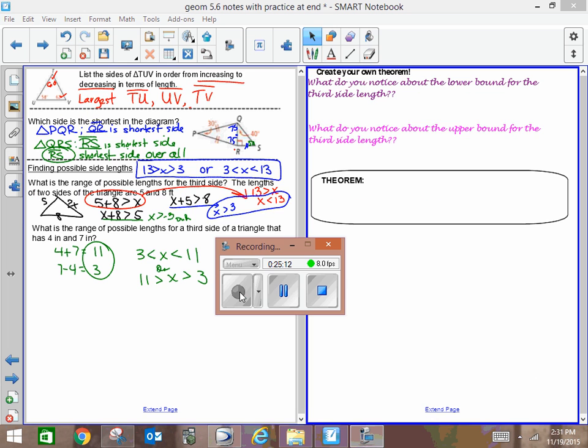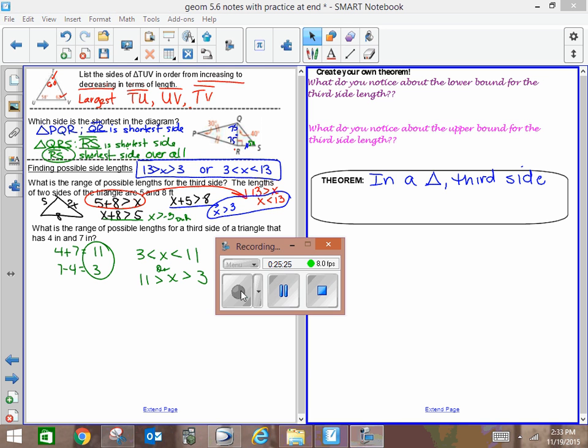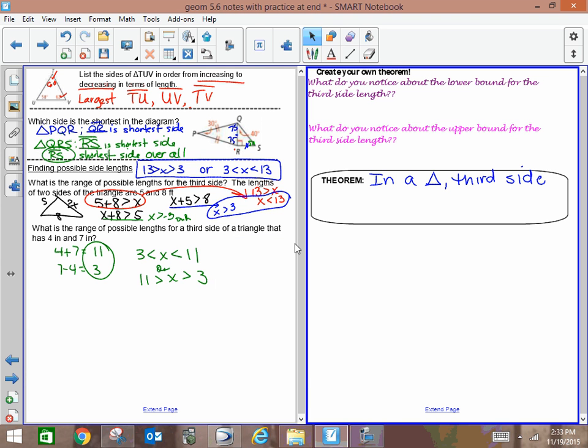Lily. That's kind of long. Okay. In a triangle, the third side's inequality is determined by adding the two numbers to find the upper bound and subtracting the smaller number from the larger number to find the lower bound. Sounds really good to me.